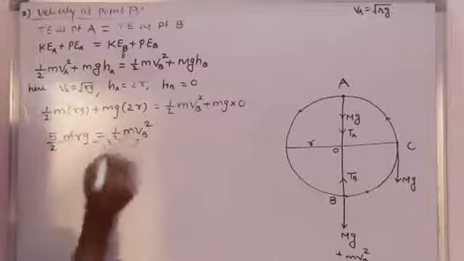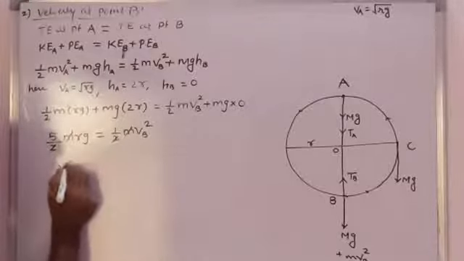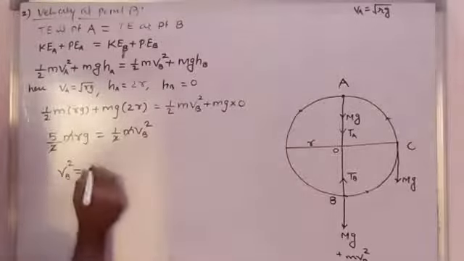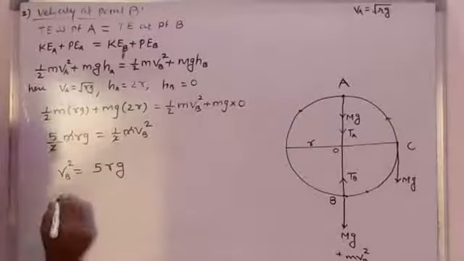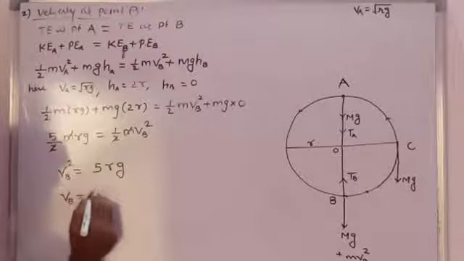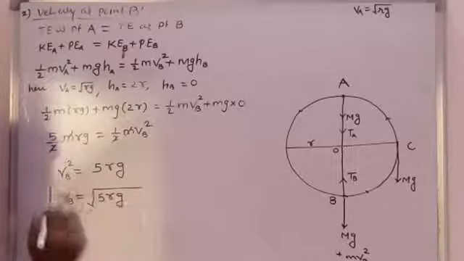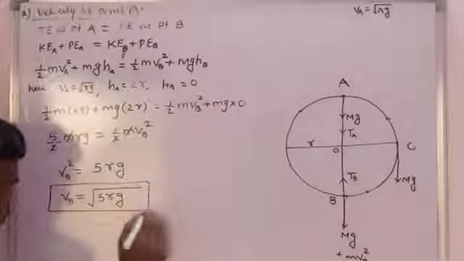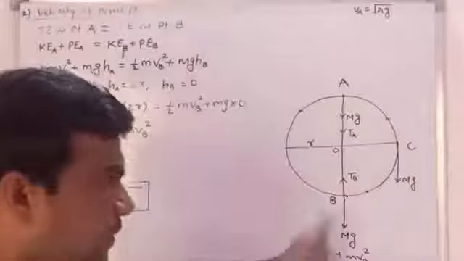Now m gets cancelled, 2 gets cancelled, and therefore vb square is equal to 5rg, and therefore vb can be written as under root 5rg. This is the velocity of the particle at lowest position B.